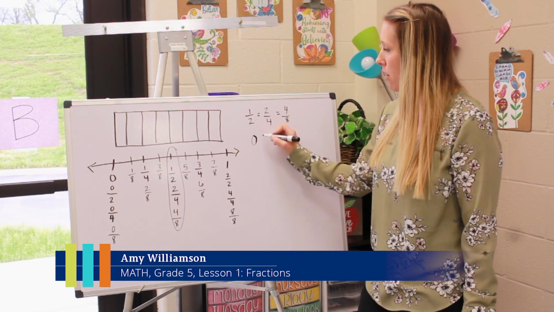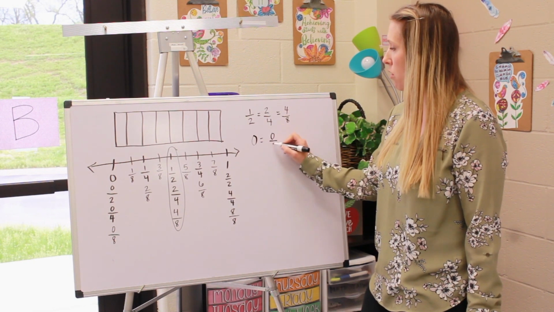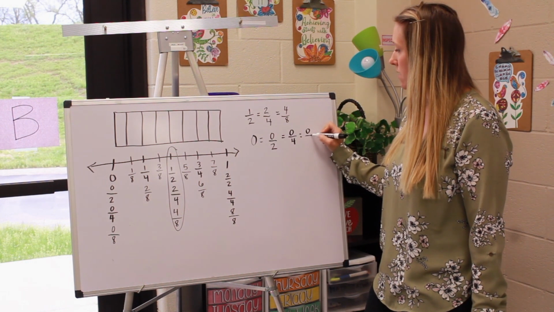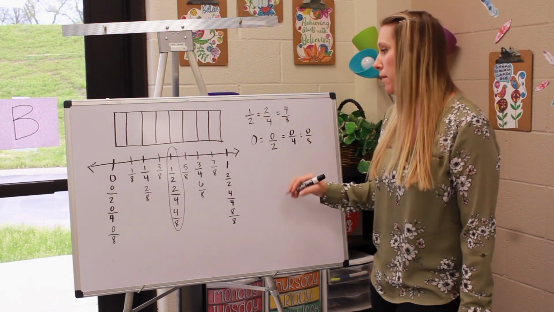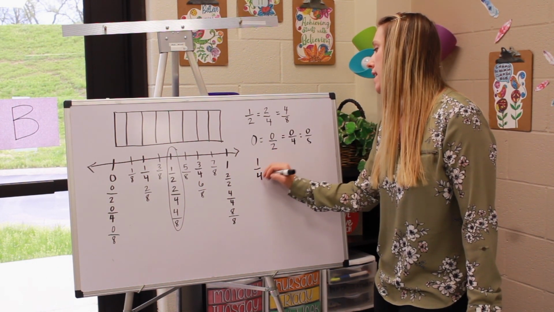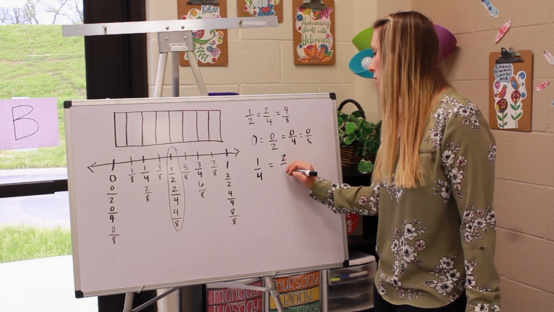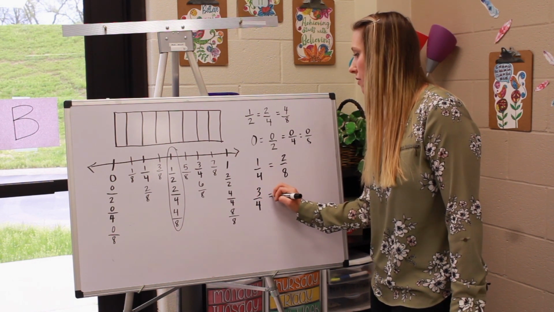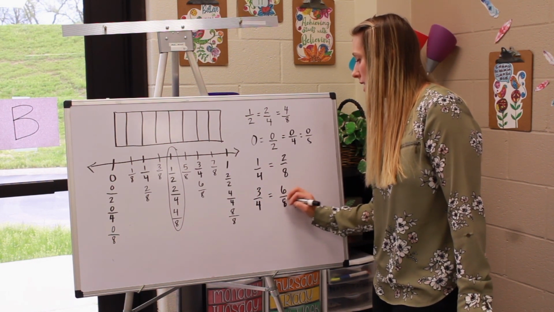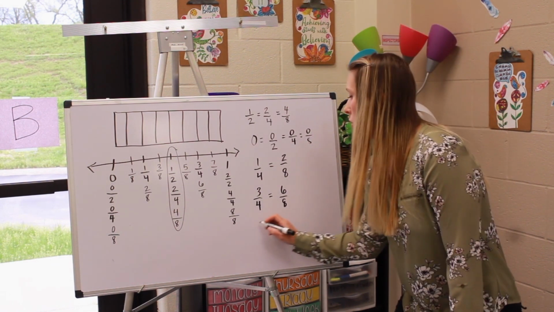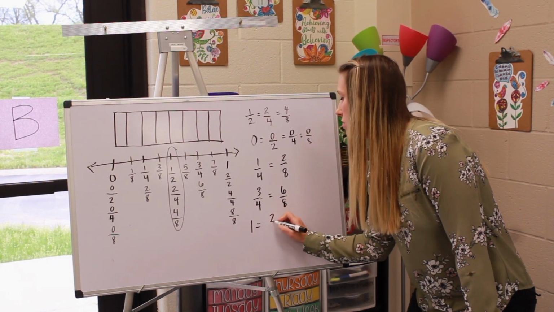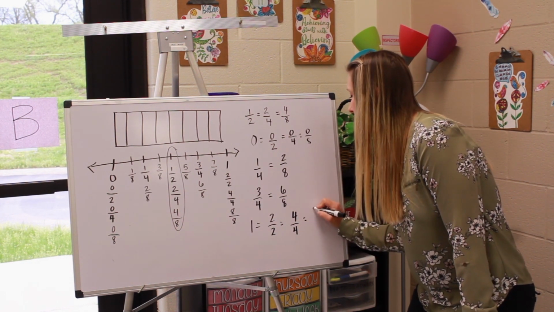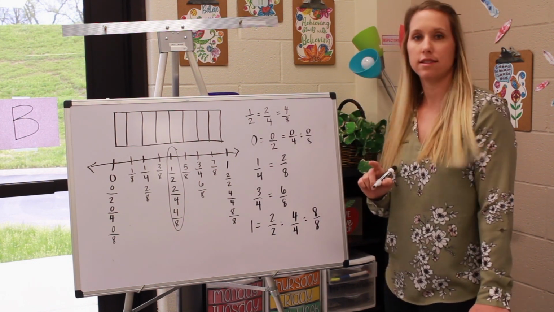Did you say 0 was equivalent to 0/2, 0/4, and 0/8? What about 1/4 is equivalent to 2/8? 3/4 is equivalent to 6/8. And last, 1/2 is equivalent to 2/4 and 4/8, and 1 is equivalent to 2/2, 4/4, and 8/8.